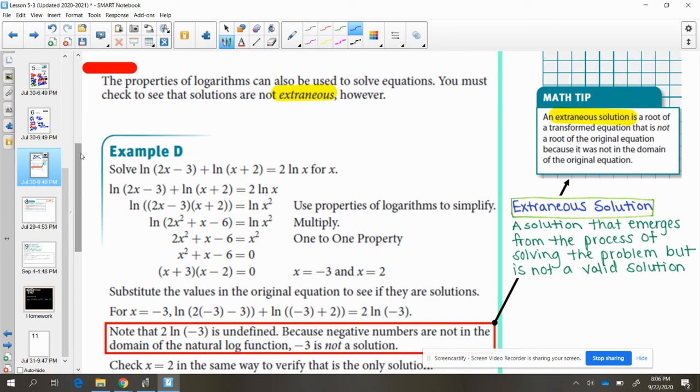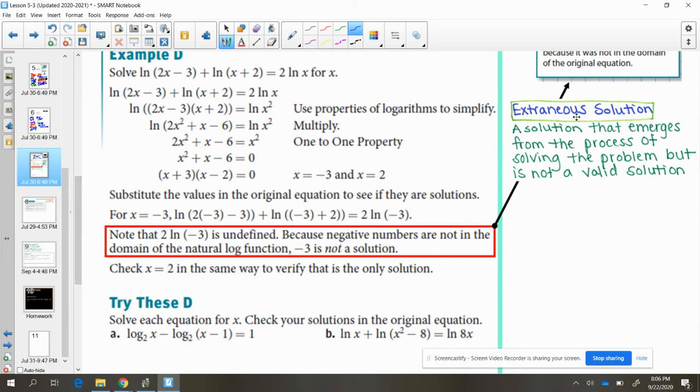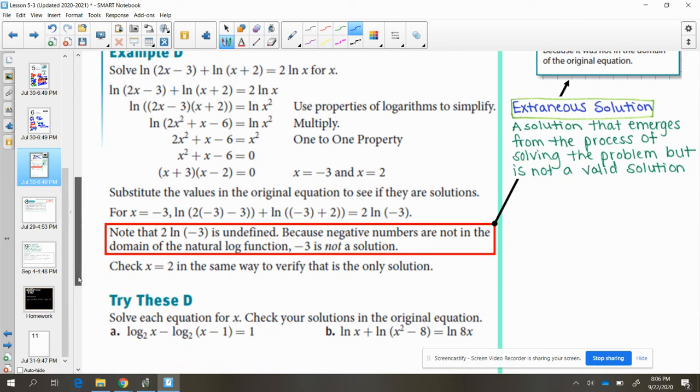So you always want to double check that your answers actually work out. So when we look through example D, this is a great example of when we're going to have to use a little bit of factoring again. I noticed after we factored, we'd have two potential answers, but when we plugged the -3 back into the original, it was not possible. Thus, it was an extraneous solution, and only 2 was officially an answer.